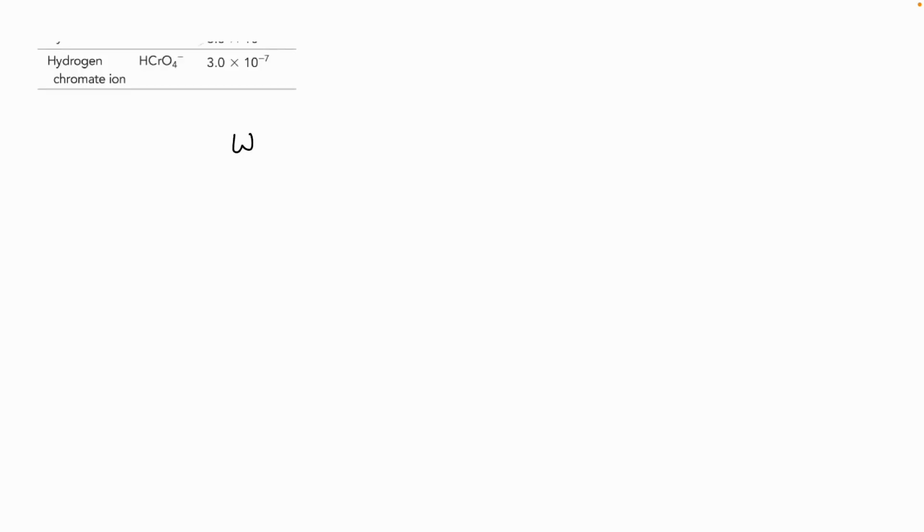All right, so if my weak acid is this HCrO4 minus 1, everybody take a second and give me the formula for the conjugate base.